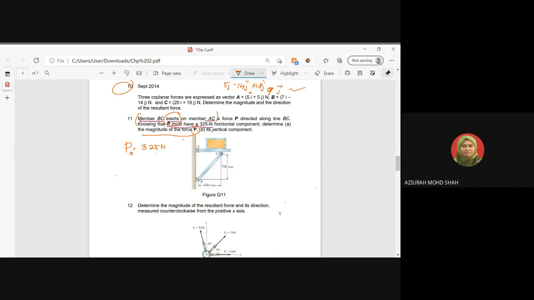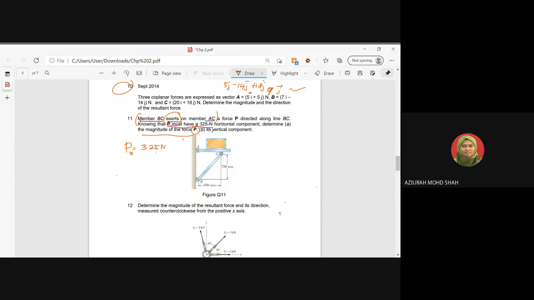You can find in the internet if you like. What do you understand by the word exit? Anyone searching the information or you already know but you don't want to tell me? Apa maksud dia ni? Apply, maksudnya maybe BC apply force onto AC.